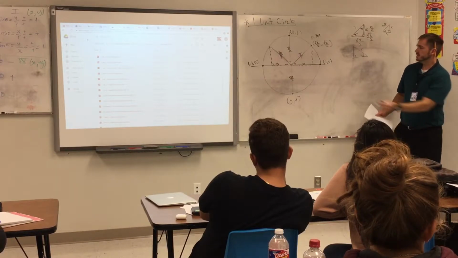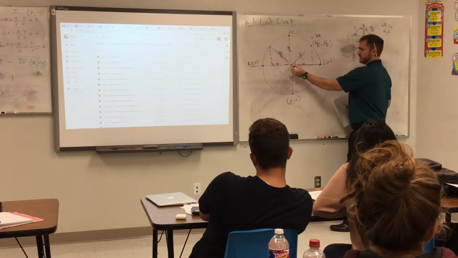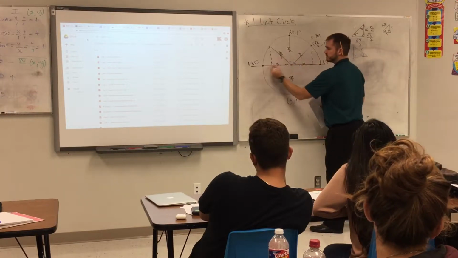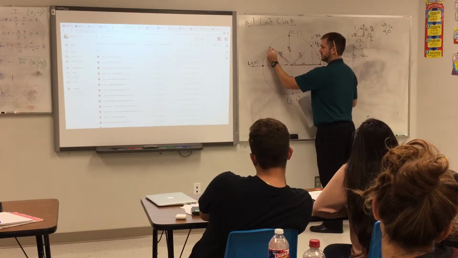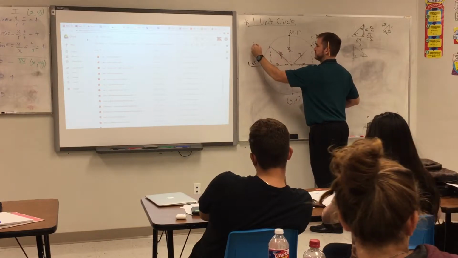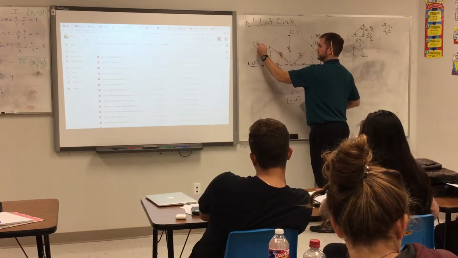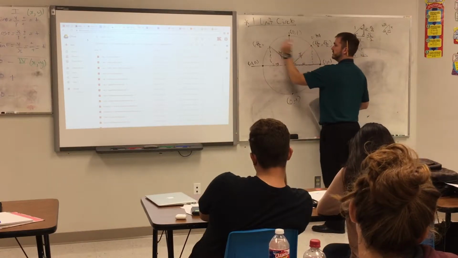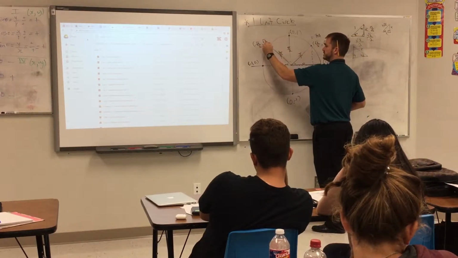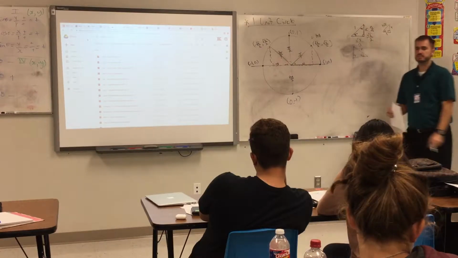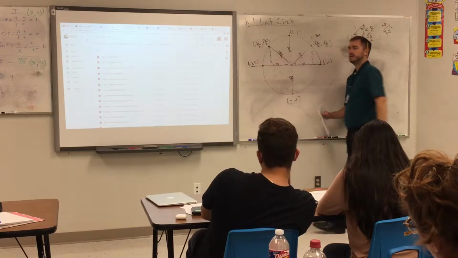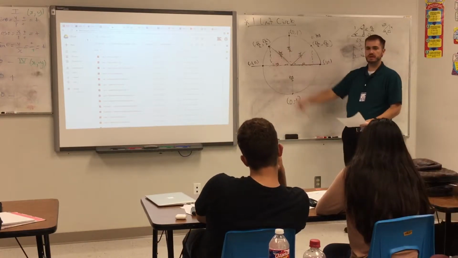Okay? So therefore, since this triangle on the right kicked out by root 2 over 2, how far is this one going to kick to the left? Yeah, negative root 2 over 2. So it's negative root 2 over 2, comma, and we should see that it's the same height. So the height is still root 2 over 2. And that's how we get this coordinate right here on the unit circle related to 3 pi over 4.